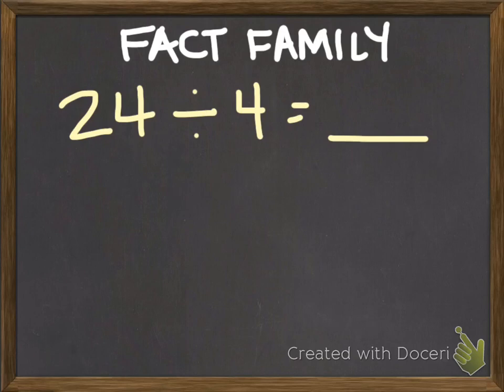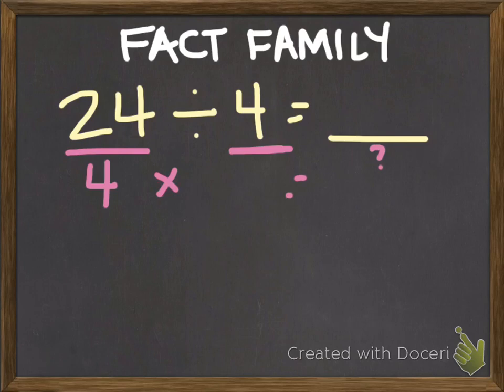I'm looking here and I see 4 groups. So in my head I'm thinking, 4 times what equals 24? Well, if I know my facts, I know that 4 times 6 equals 24.